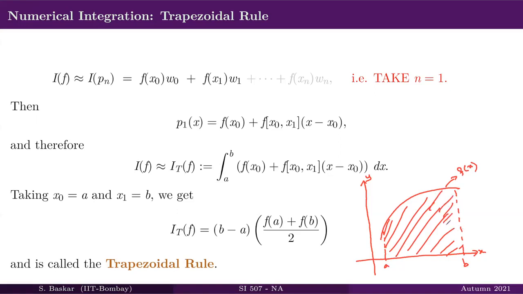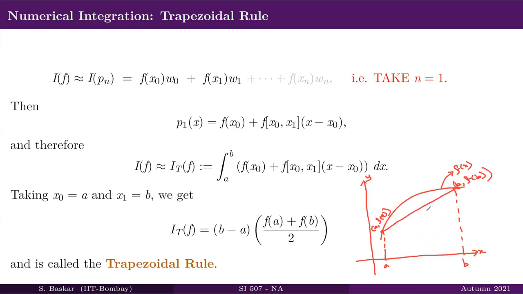Now what we did is, instead of f of x, we take p1 of x, which is nothing but the line joining these two points, (a, f of a) and (b, f of b). That is the polynomial p1 of x, and thereby we have the area under this line, bounded by the lines x equal to a and x equal to b.